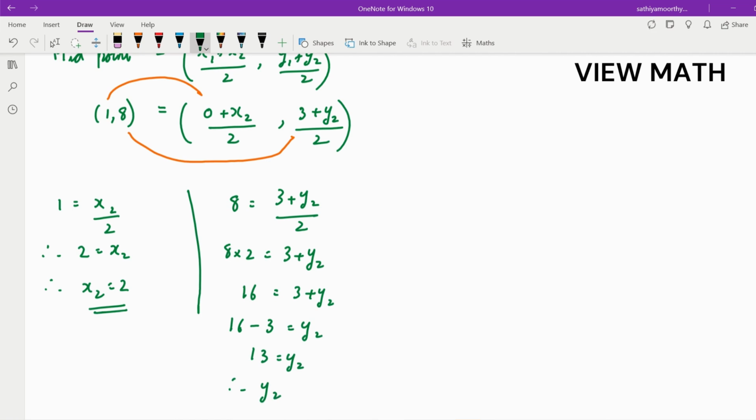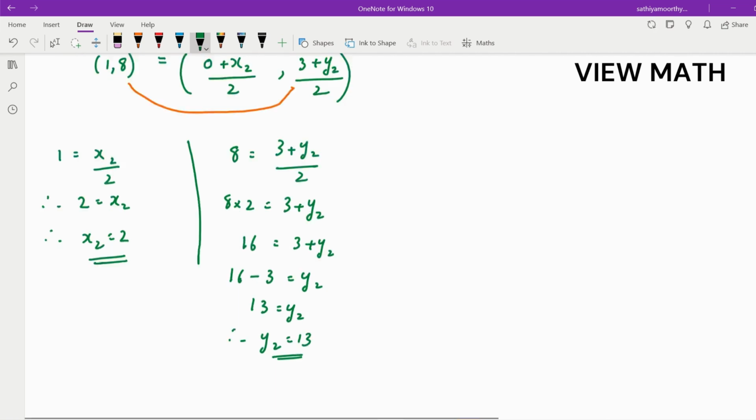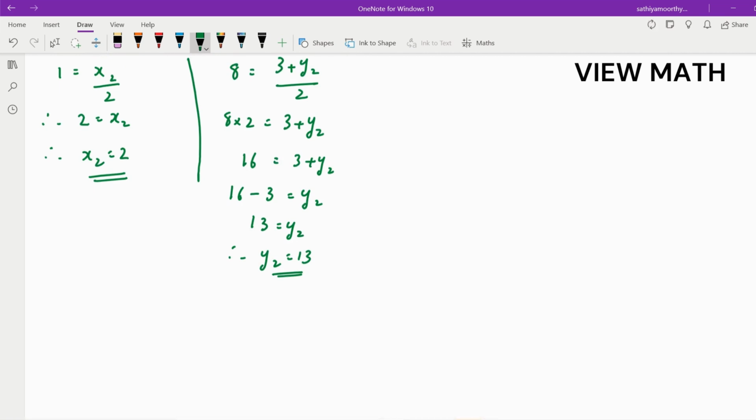Therefore y2 is equal to 13. So we have found the coordinate of D. Therefore, the coordinate of D is (2, 13). So we have found the A coordinate and D coordinate.